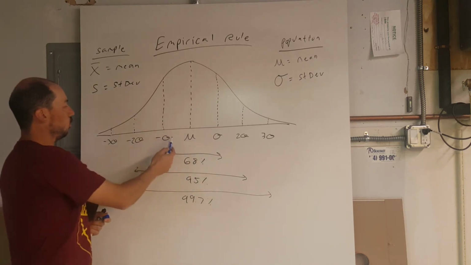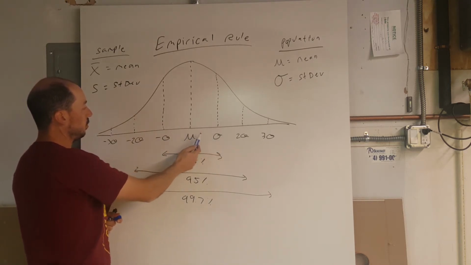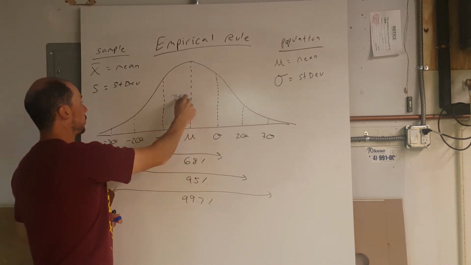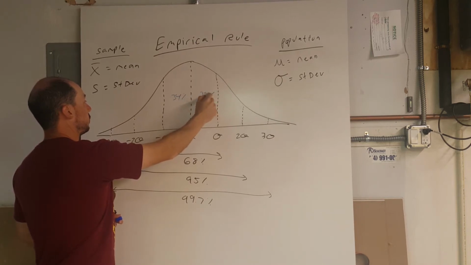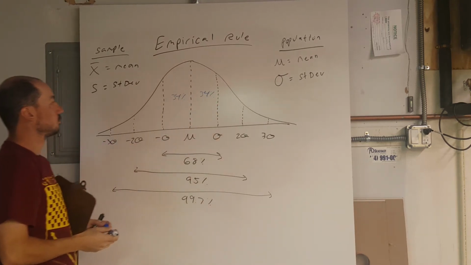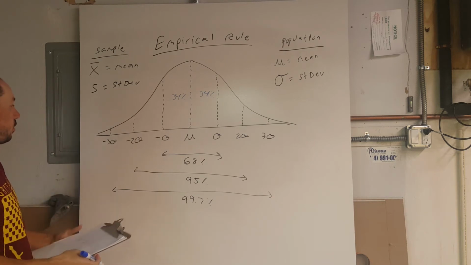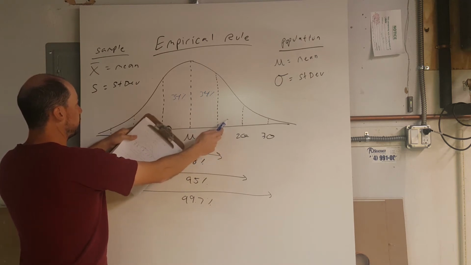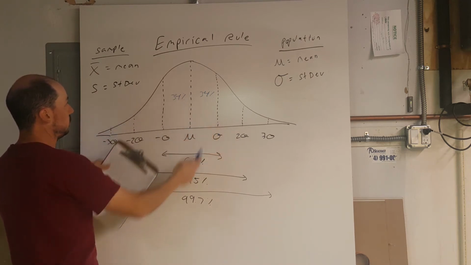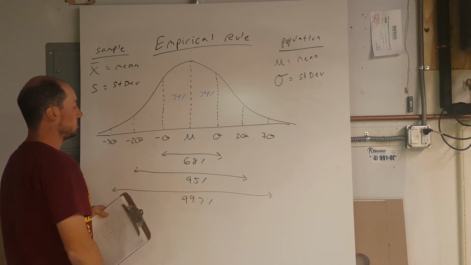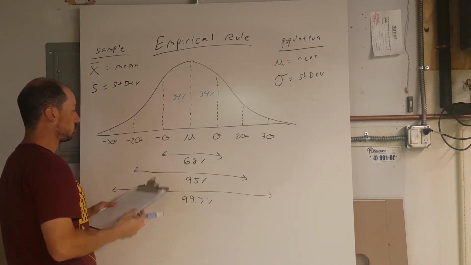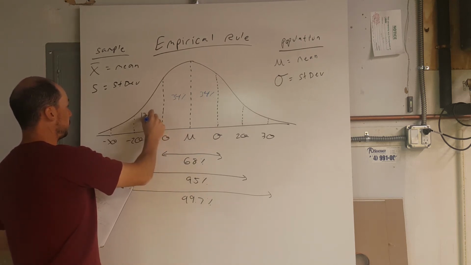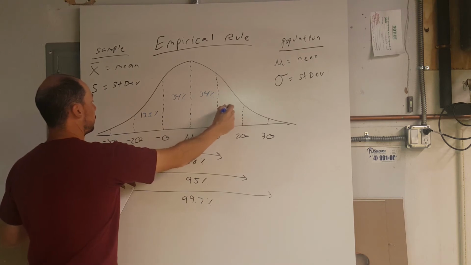With this empirical rule, we can break up these sections now. Between 1 standard deviation below and 1 standard deviation above the mean is 68%. Cut that in half, and there's 34% here and 34% here. Within 2 standard deviations, 95%. To find the area of these two, 95 minus 68 is 27, and you divide that in 2, so we get 13.5% here and 13.5% here.